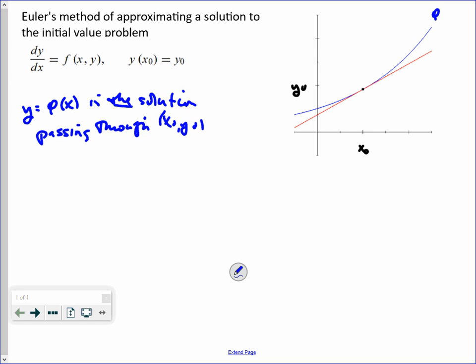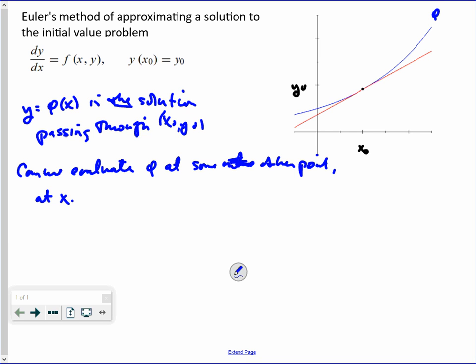So what we'd at least like to do is, can we evaluate phi at some other point? I know what the value of phi is at x0, y0, but can we evaluate phi at some other point, say some value x1?